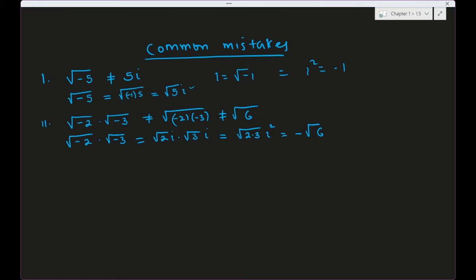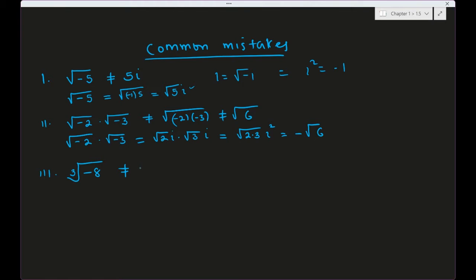Okay. Then another one is this one. When we are dealing with, let's say, odd roots. For example, we have the cube root of minus 8. Now, the cube root of minus 8 is not an imaginary number. It's a real number.